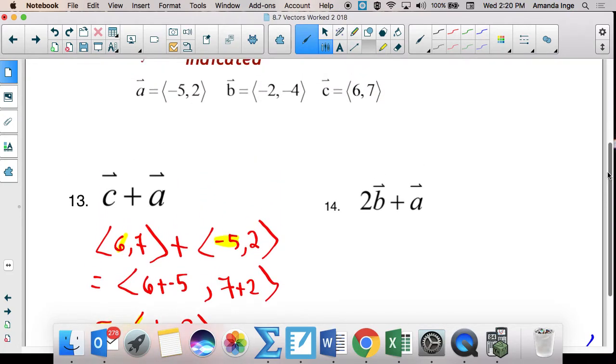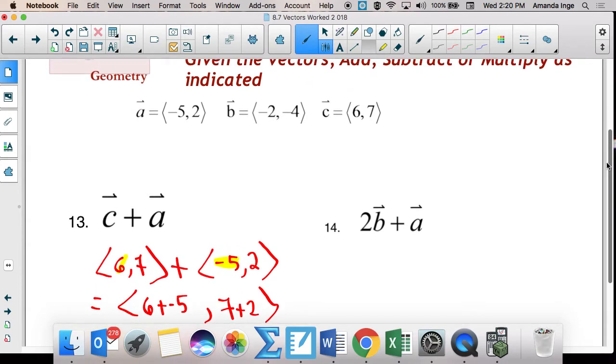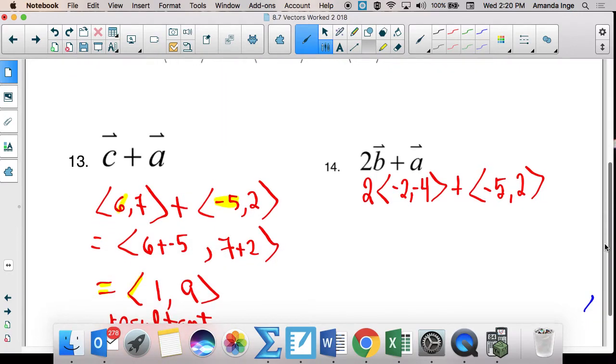On the next problem, you're multiplying vector B by 2. So we're multiplying this vector by 2, and then we're adding A to it. You've got to multiply the first vector by 2 first.